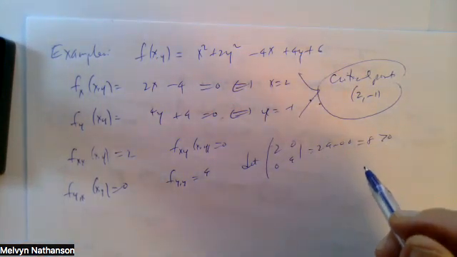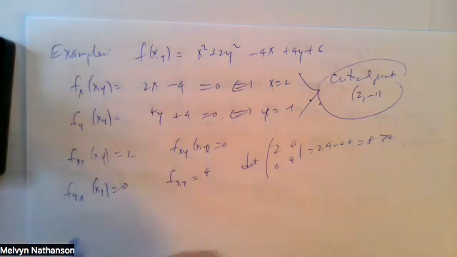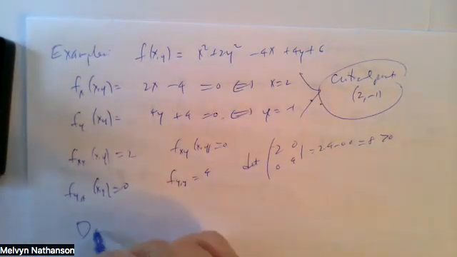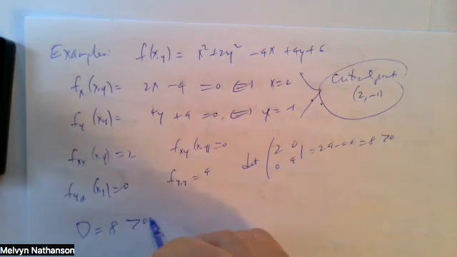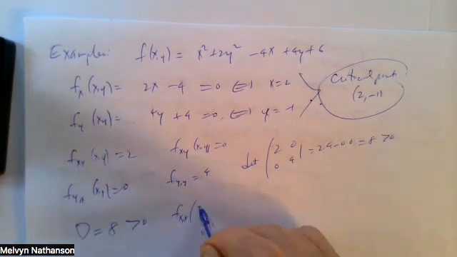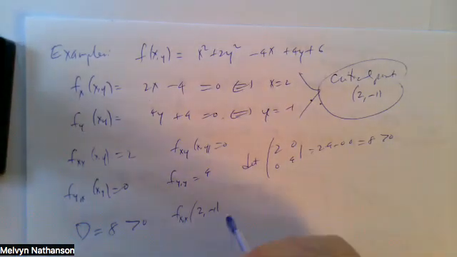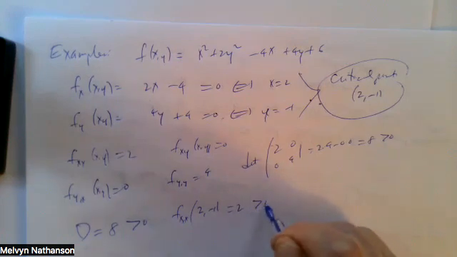So that's my number D. D equals 8 is positive. Partial of f with respect to x twice at the critical point (2, minus 1) is 2, which is positive.